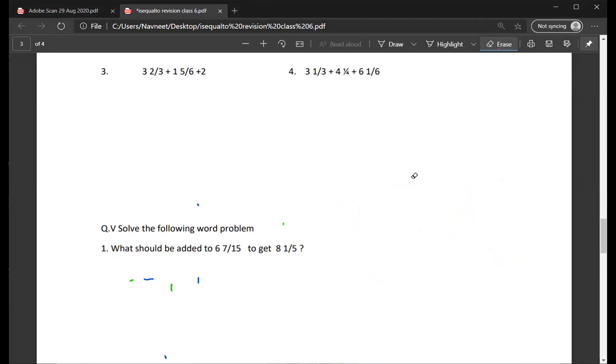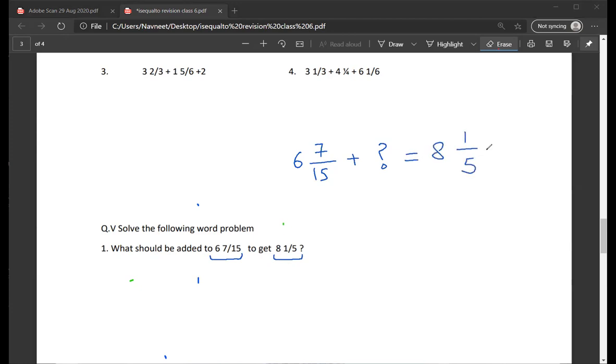So Mr. Sarthak, let us try to understand what the question is trying to say. What should be added to 6 7 by 15 to get 8 1 by 5? There is something that I need to add to 6 7 by 15, and I should get 8 1 by 5. Mr. Sarthak, is it okay? Yes, sir. Okay. Now, to get the value of this question mark, the formula is simple: right hand side minus left hand side.